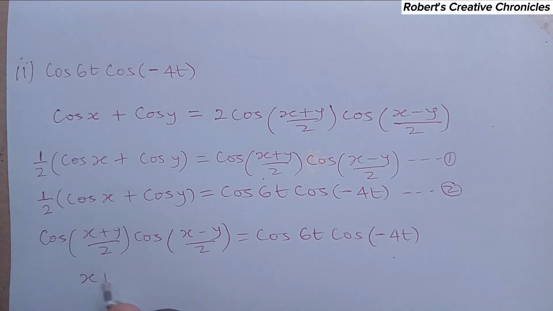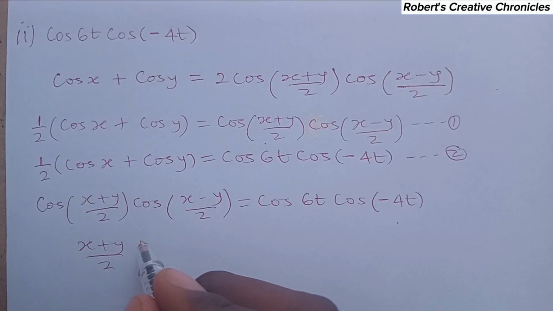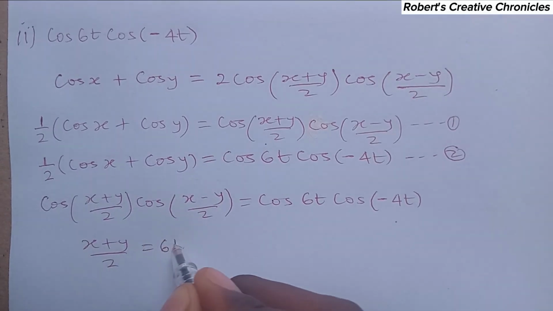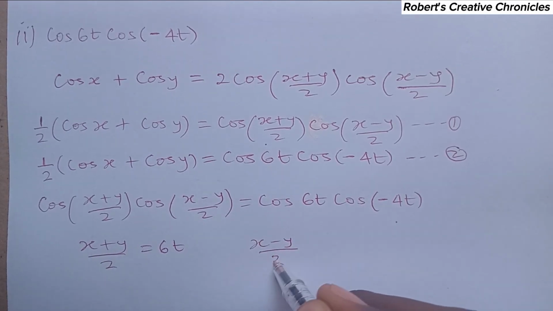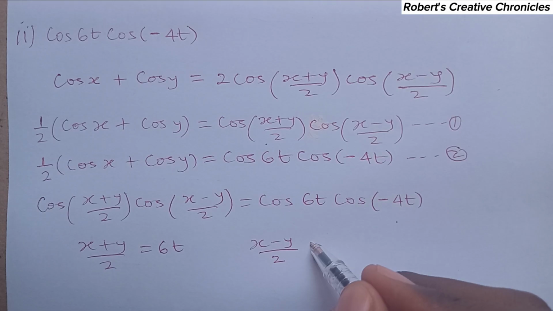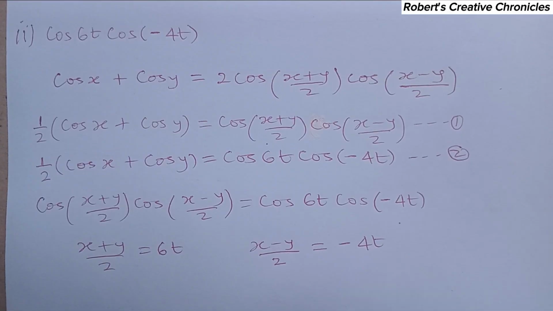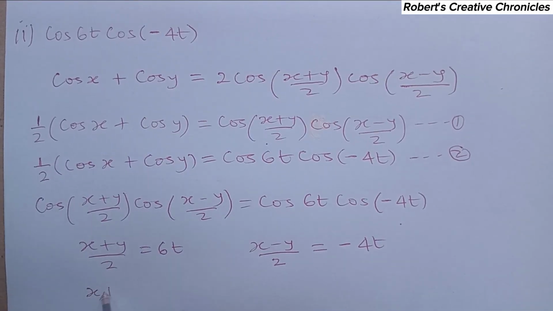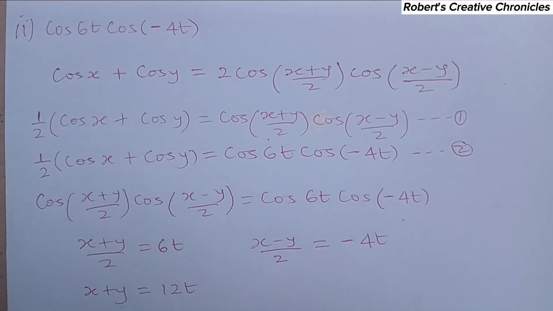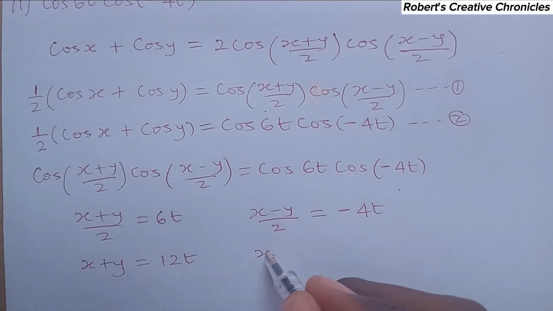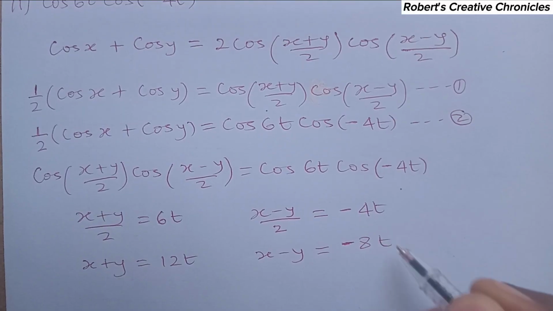So (x plus y)/2 is equal to 6t, and (x minus y)/2 is equal to minus 4t. So x plus y will be equal to 12t, and x minus y will be equal to negative 8t.